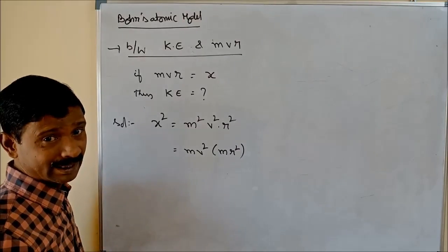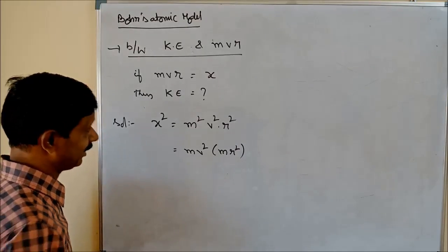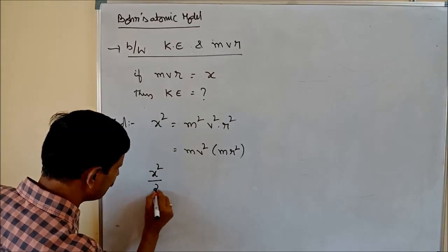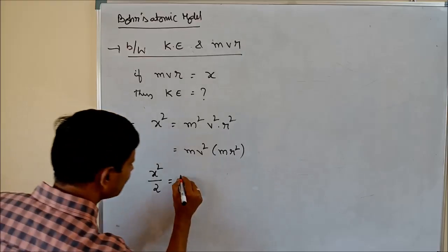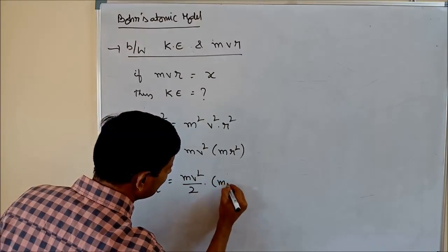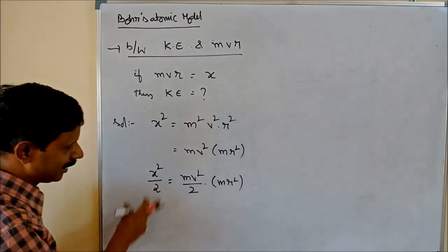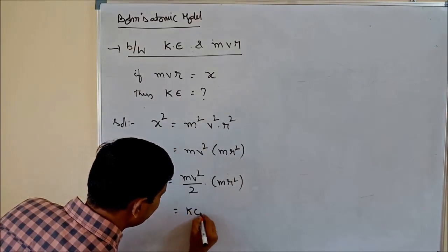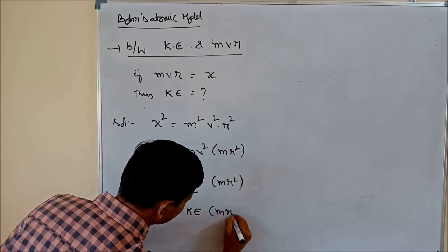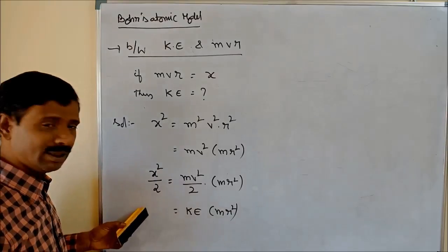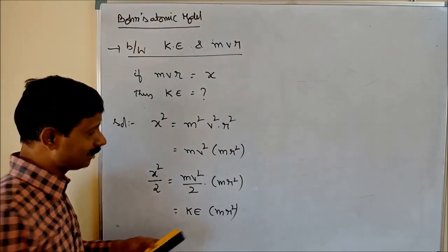I think now you will get an idea how to get kinetic energy. If you consider x square by 2, then it becomes mv square by 2 into mr square. But mv square by 2 is nothing but kinetic energy. So x square by 2 equal to kinetic energy into mr square.